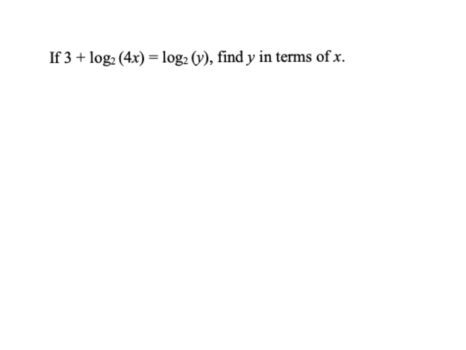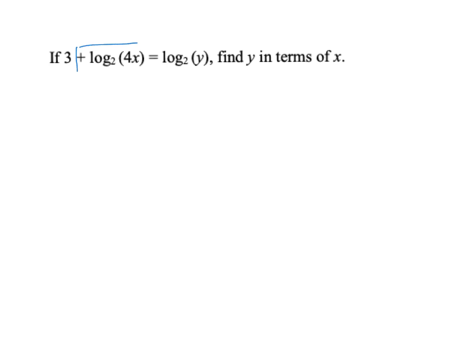All right. Okay, so if log 3 plus log 2 of 4x equals log 2 of y, find y in terms of x. What we might want to do here is get the logs near each other.